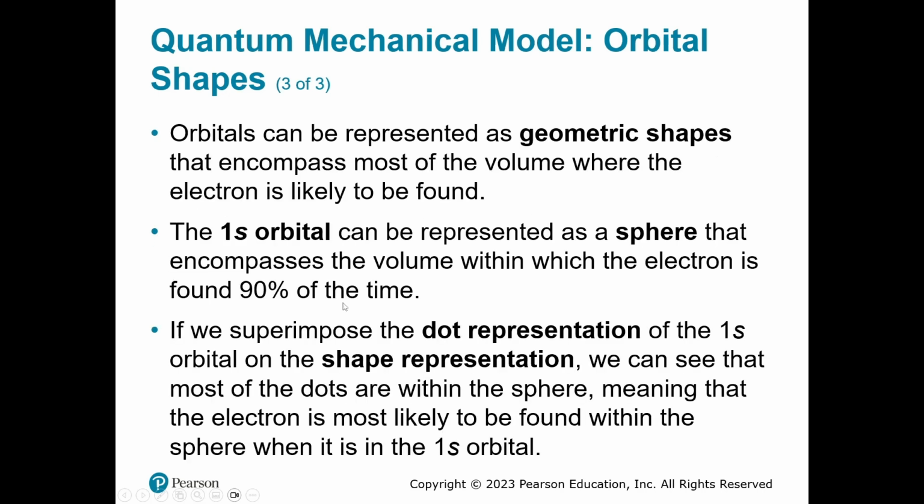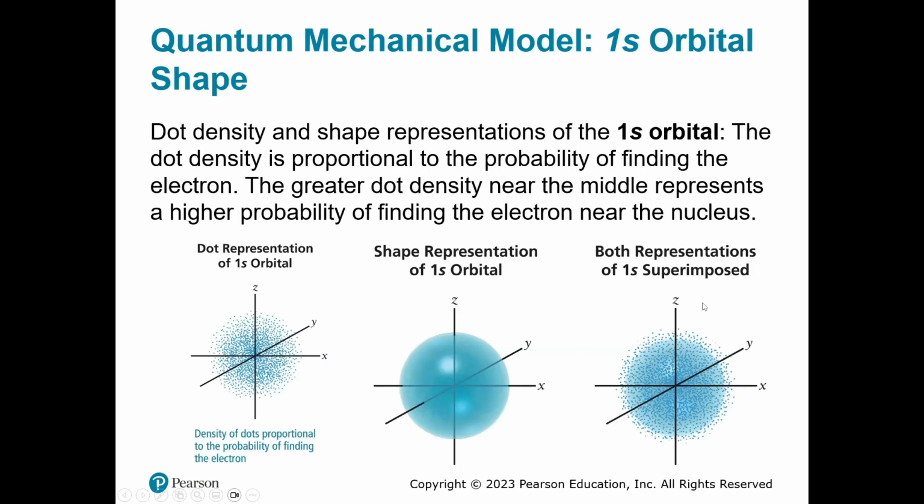And so what we'll show you typically is a space-filling model that would guarantee that 90% of the time you're going to find your electrons within that space. It's not 100% because we'd have to open up the volumes to an unreasonable size, but 90% is good enough when we're talking about this type of thing.